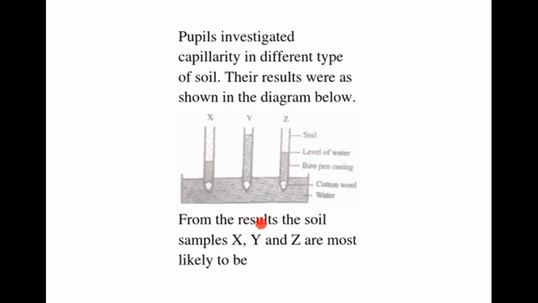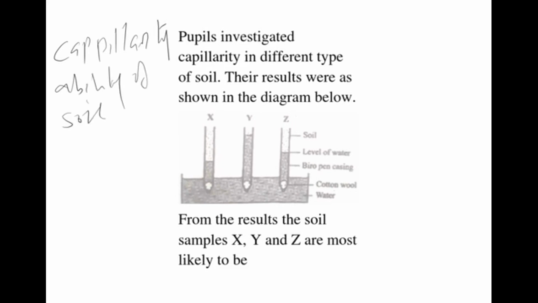From the results, the soil samples X, Y, and Z are most likely to be. The question is requiring us to understand what is capillarity. Capillarity is the ability of soil to allow water to rise.